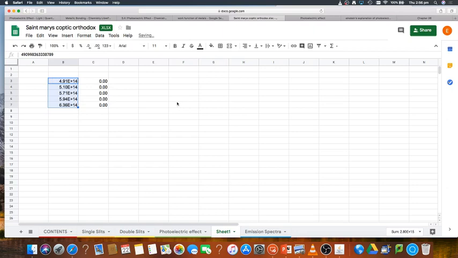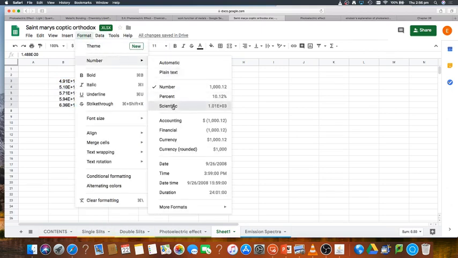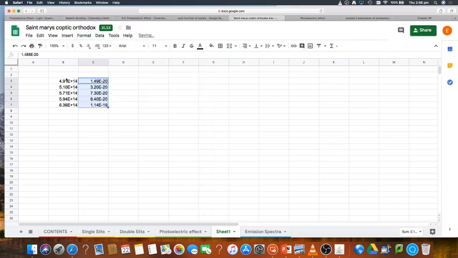Okay, now they're both in scientific. Okay, format, number, scientific. Good. All right, so let's graph the two of these. Let's do a scatter plot.